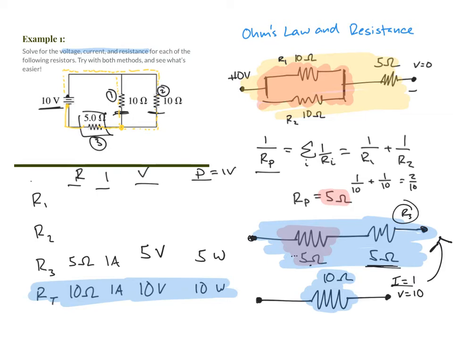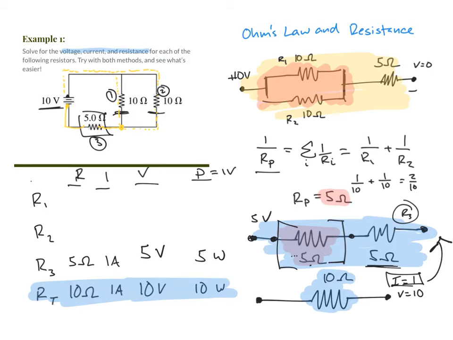Now we've got to figure out that parallel circuit. We know that this resistor right here was 5 ohms. That's the equivalent resistance of the whole parallel part of the circuit. And it had a current through it of 1 amp. So the voltage across that whole parallel part is 1 times 5, which is 5 volts for that whole equivalent resistance.